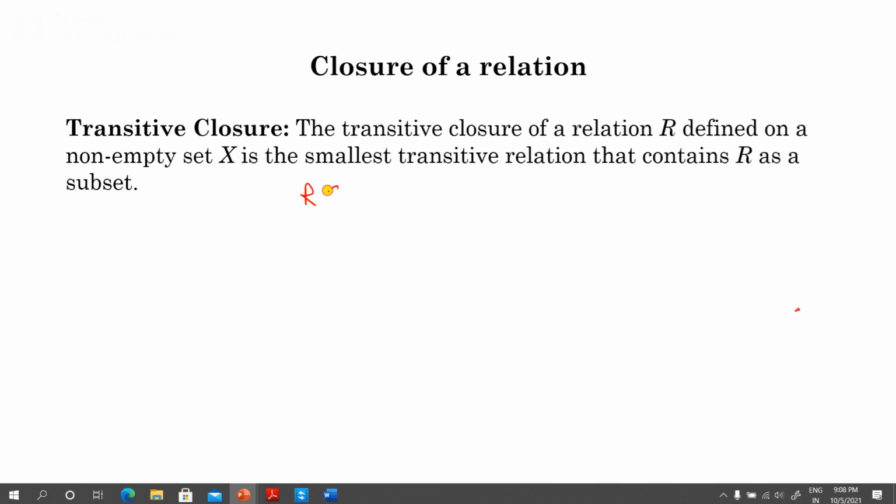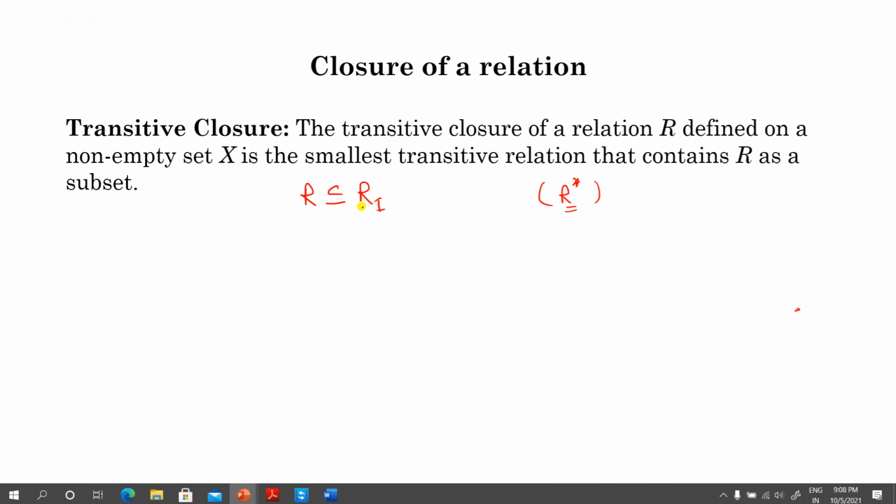It means you have to find again R1, a superset of R such that R1 is the smallest transitive relation. So how can we find this R1? Sometimes the transitive closure of R is also denoted by R star. So to find R star, what will we do?